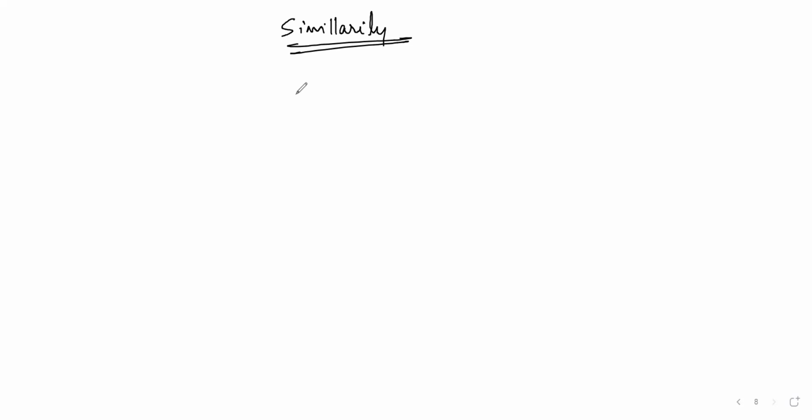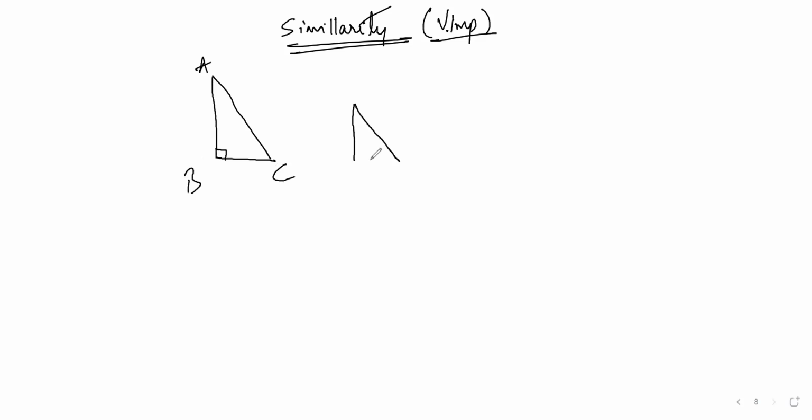So just one more last property, similarity. Very important property. If I give you two right triangles, let's say ABC and another right triangle, PQR, can I say the two right triangles are similar?